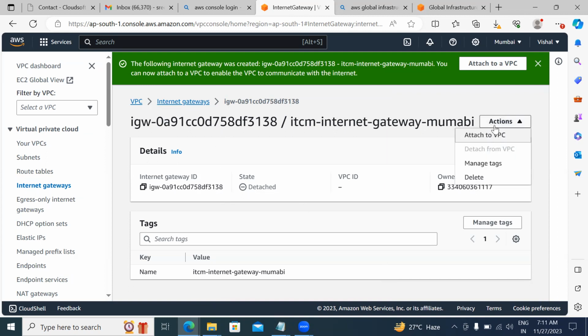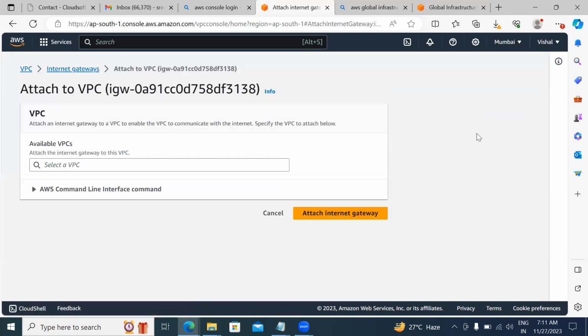This needs to be attached to a VPC. Here in the drop down, why is only one coming? It shows the custom VPC. The one VPC already has an internet gateway attached to it by default. That is the reason there's no need to attach this; attaching two internet gateways is waste.